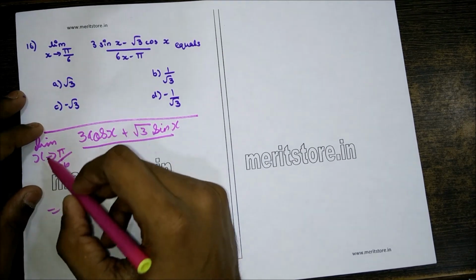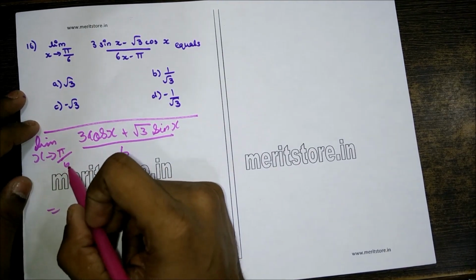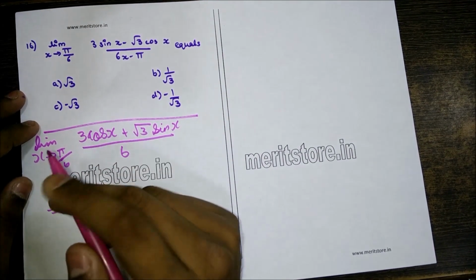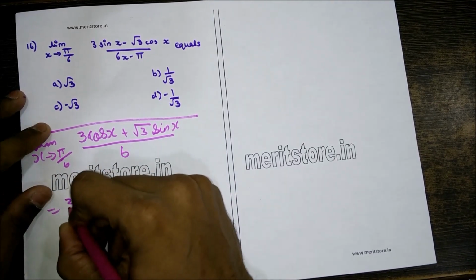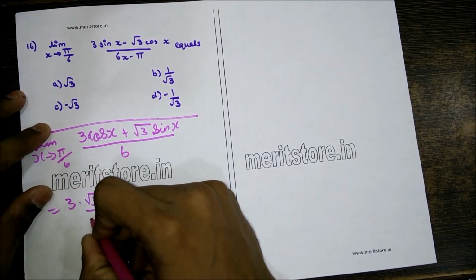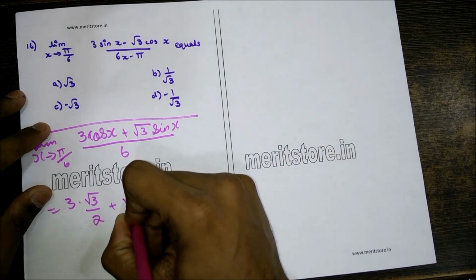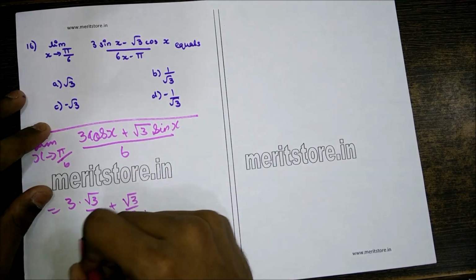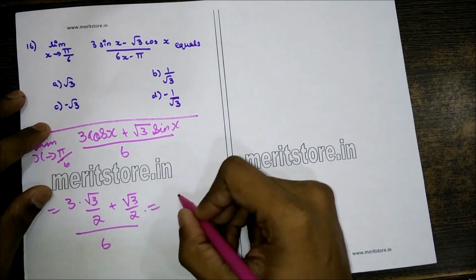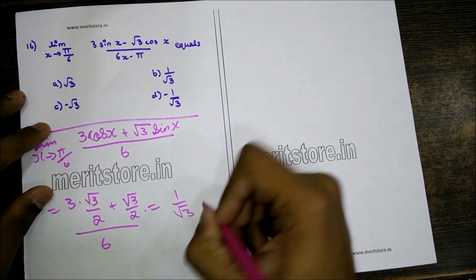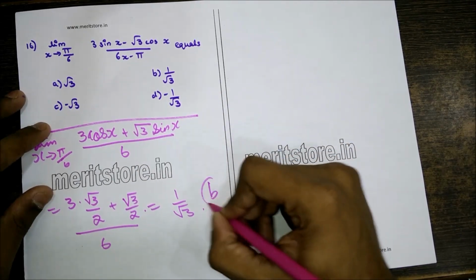Now we can apply the limit of x tends to pi by 6 and replace the value of x as pi by 6, giving us 3 into root 3 by 2 plus root 3 by 2 upon 6, that is 1 by root 3, which is option B.